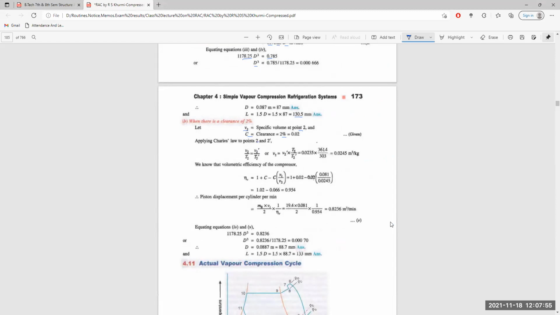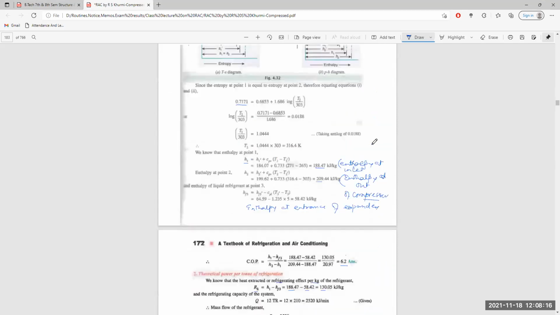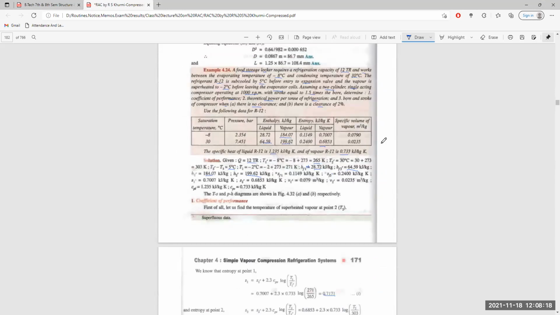So V2 and V2 dash, and T2 and T2 dash. V2 is at the temperature at the outlet of the refrigerant itself, but we know V2 dash, which is the specific volume at the condenser at the temperature T3, which is given here, with the specific volume of the dry saturated vapor at condenser temperature of 30 degree, which is given.